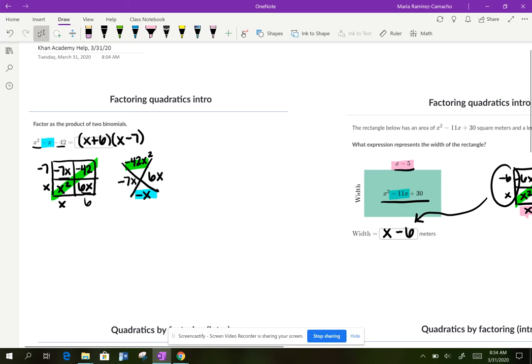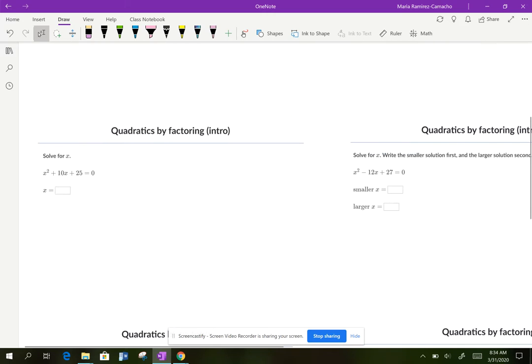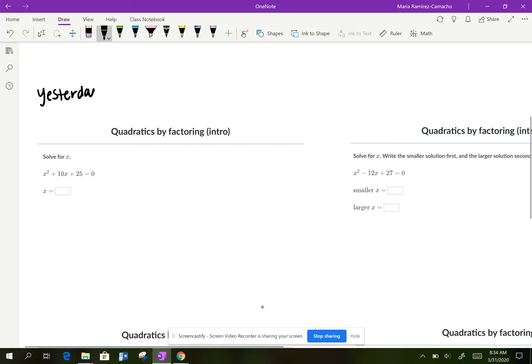We're going to need to know how to factor to do these next couple of problems. Yesterday, you did the zero product property. That was where you were given two binomials multiplied together and then set equal to 0. For example, x plus 6 times x minus 5 equal to 0.